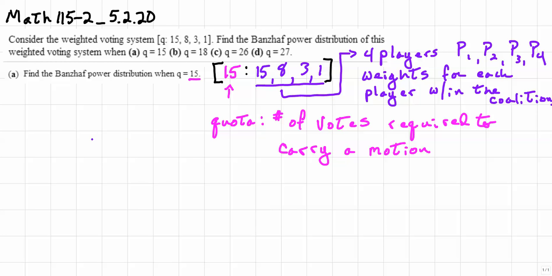So first we need to understand what each one of these means. If player 1 is equal to 15, in this particular case, this allows player 1 to be a dictator.